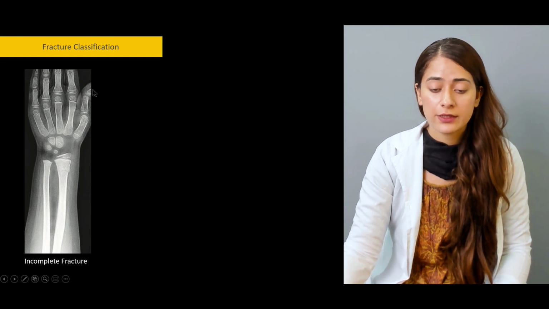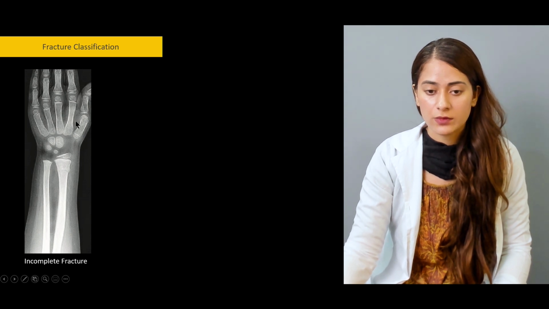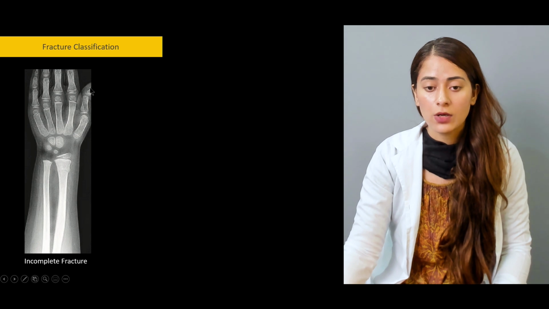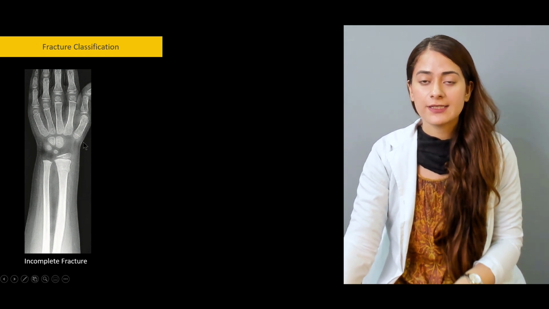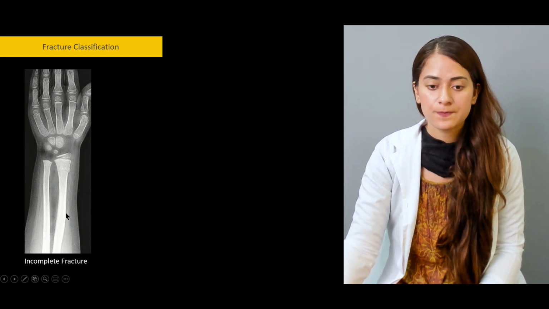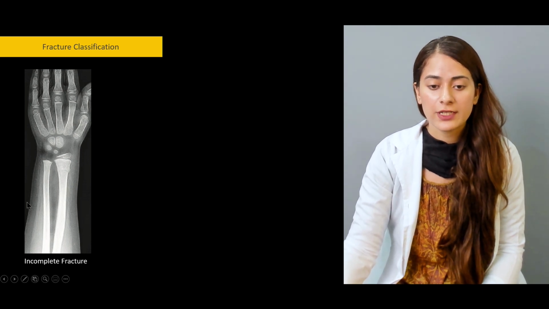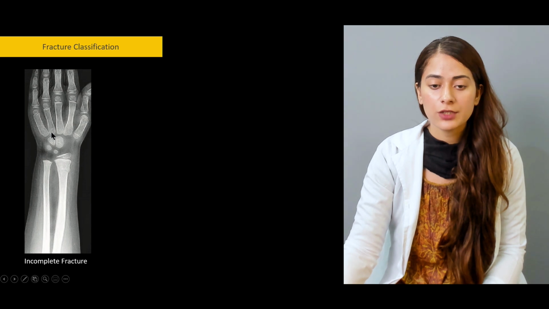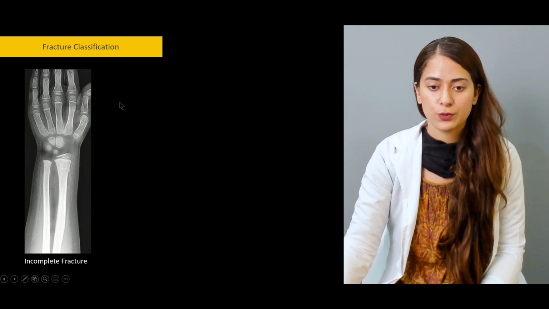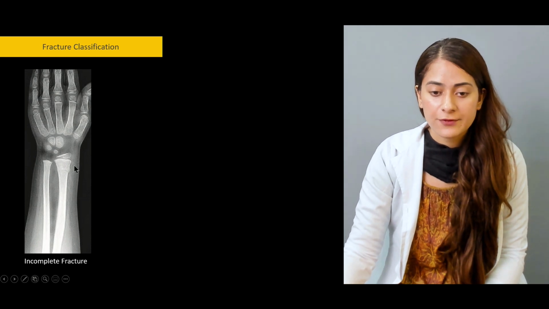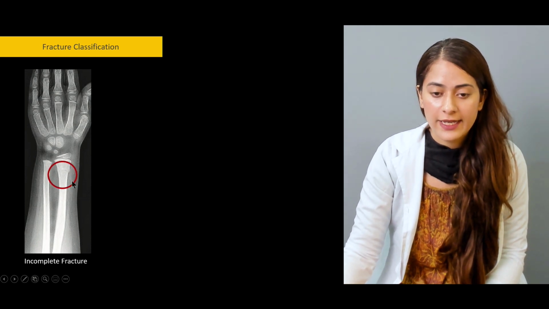The bone of the forearm that is towards the side of the thumb is the radius, and next to it is the ulna. These are the carpal bones, the metacarpal bones, and the phalanges. So where is the fracture? This is actually the fracture site.